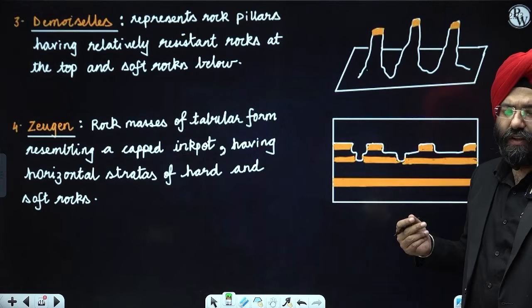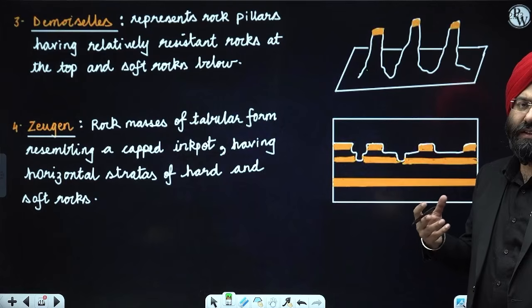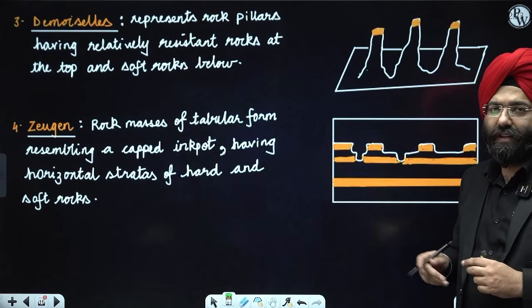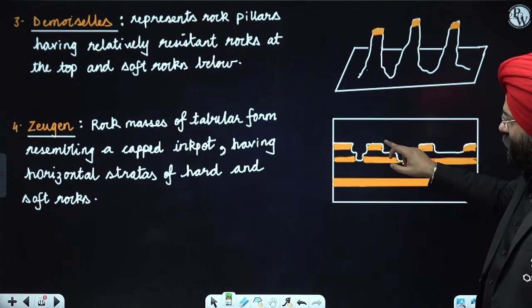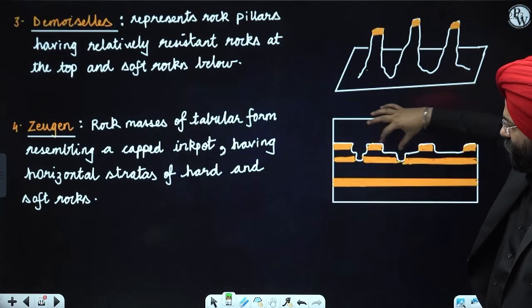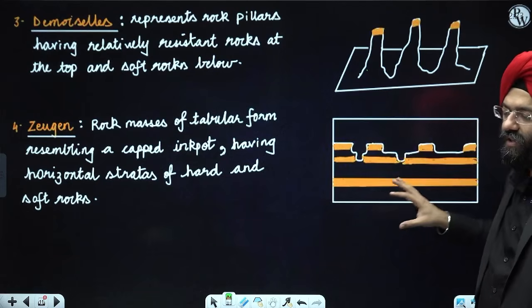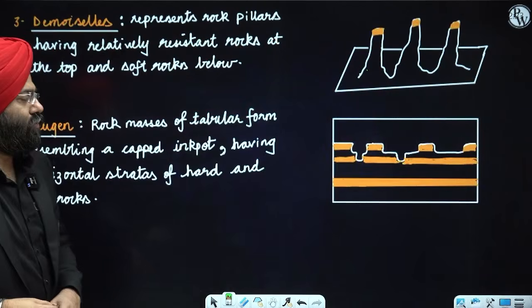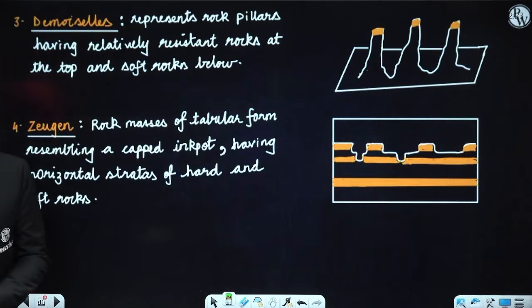Some rocks are more resistant, some are less resistant. Those which are less resistant will erode faster. So due to these relative erosion processes, there might be an instance where such ink pot-like structures are formed. When you see these structures, they are known as Zeugen. So you can just copy it down.